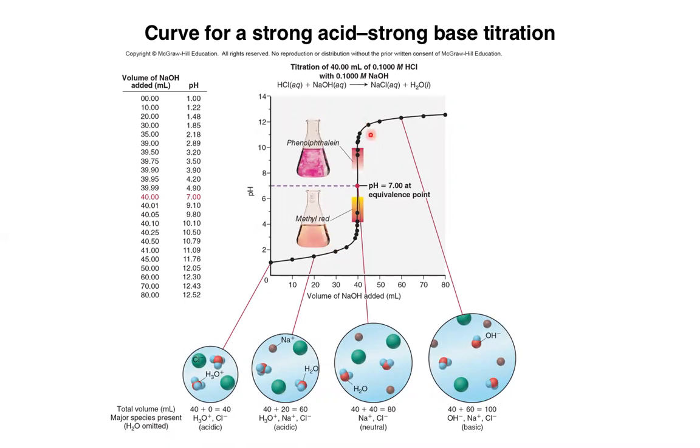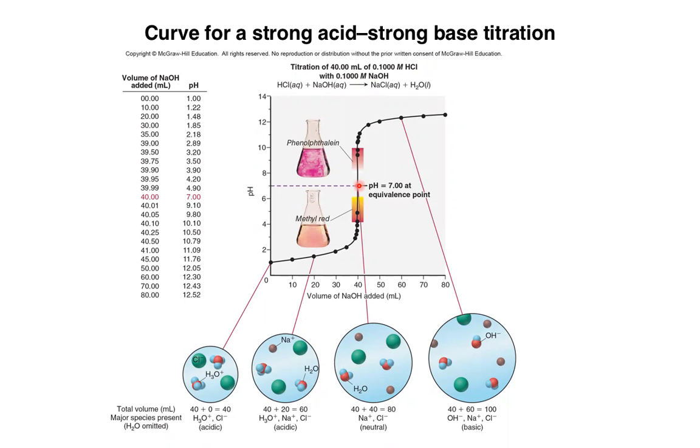Conveniently, because these are reacting 1-to-1, we have an equivalence point where, since we're dealing with solutions of the same concentration, so there's 40 milliliters of 0.1 molar HCl, and we're titrating that with 0.1 molar sodium hydroxide, whenever we've got 40 milliliters of both, we will have the equivalence point, which will be pH 7, a totally neutral system where all of the acid has been reacted with the base.